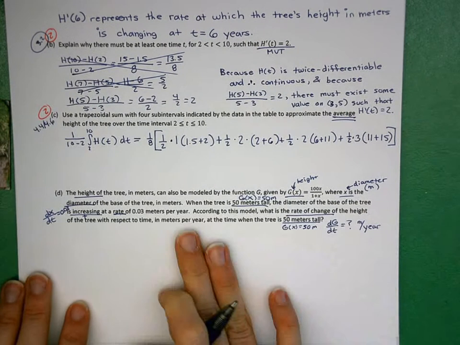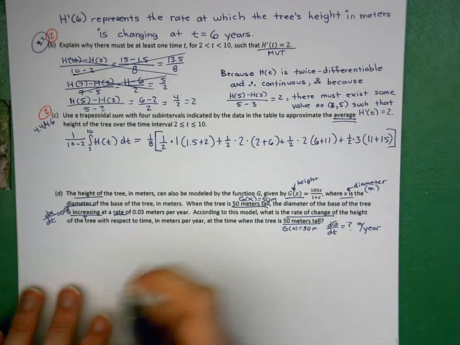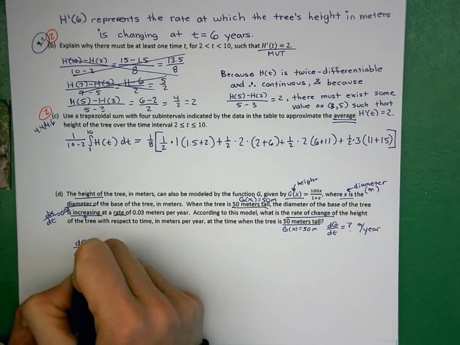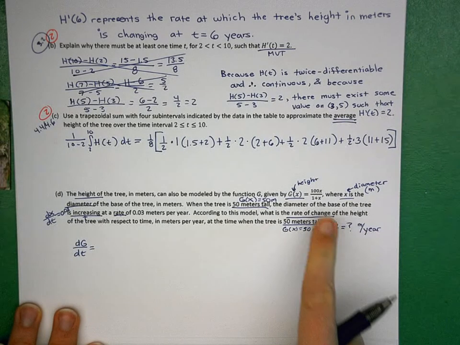So what is dg/dt? Well, taking the derivative of our g function, we have our quotient rule.